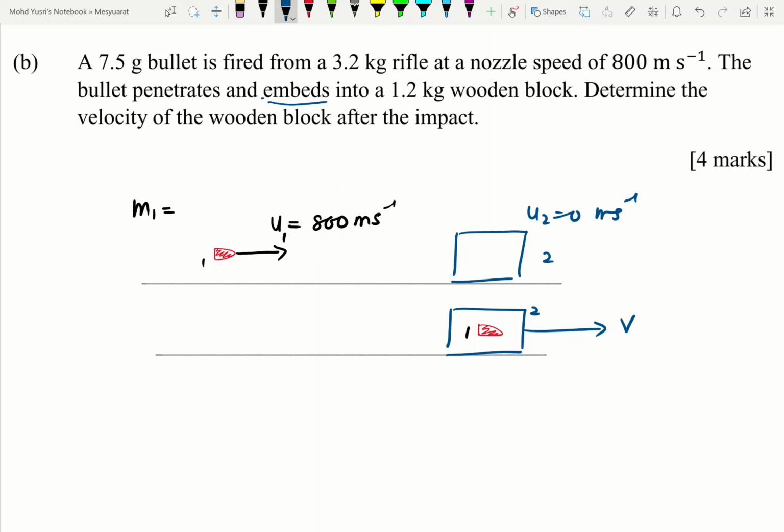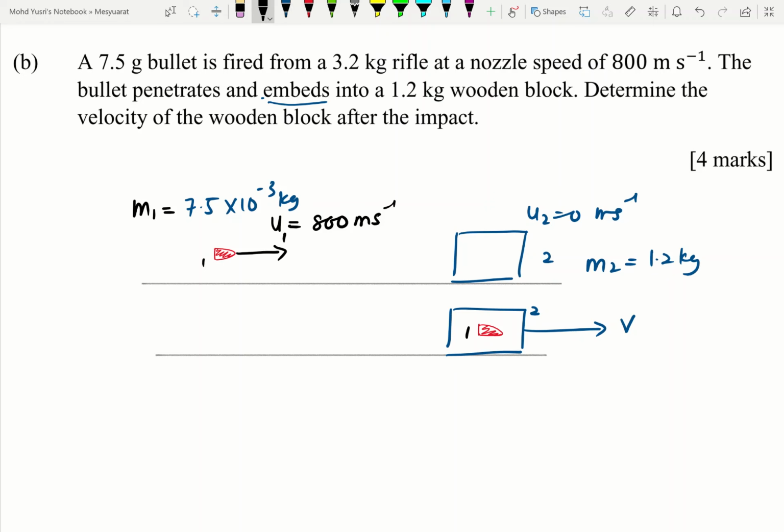So mass 1 is 7.5 grams, so 7.5 exponent negative 3 kilogram. Okay, u1 is 800 and the wooden block mass 2 is equal to 1.2 kilogram. Determine the velocity of the wooden block after the impact.